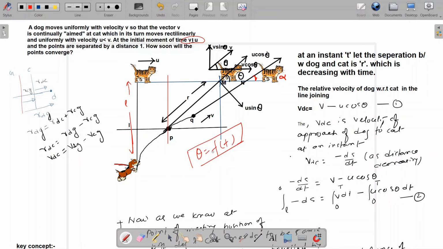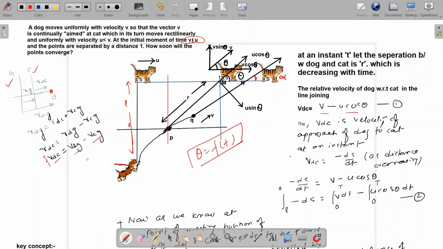Now let us see what will be the relative velocity of the dog with respect to the cat. If I draw two frames, cat and ground, and I observe the dog, then the position of the dog with respect to ground can be written as the position of the dog with respect to the cat plus the position of the cat with respect to ground. Based on this, we can easily calculate VDC as VDG minus VCG, which is why we have written this.